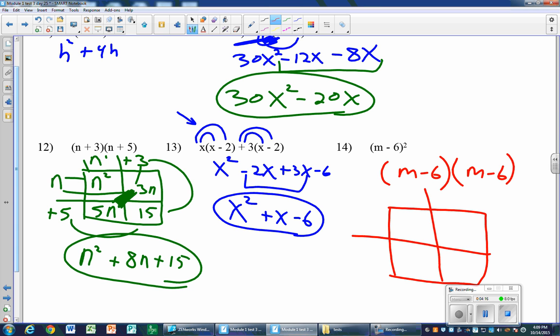Area model. M minus 6. M minus 6. M squared because it's m times m. Now we do m times negative 6, and that's minus 6m.